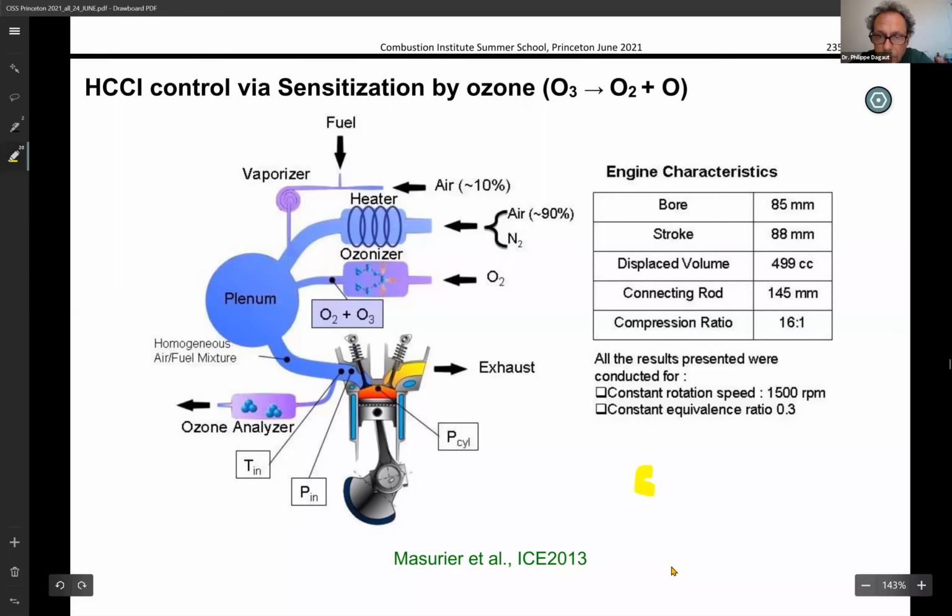At the beginning you have a double bond, and on this double bond you will add ozone.